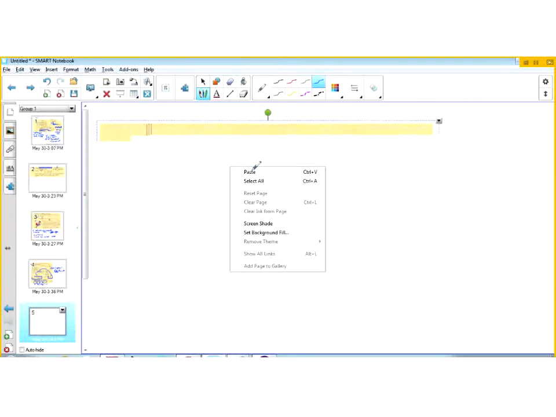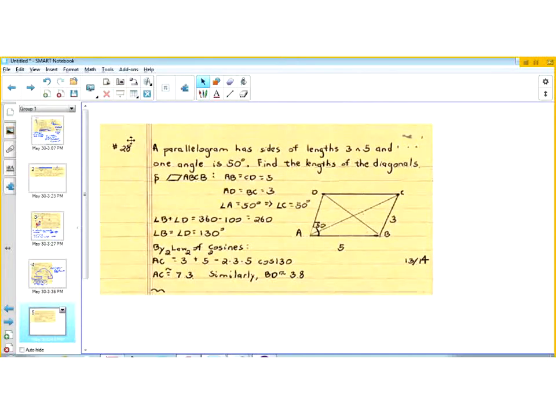All right, so in this case, a parallelogram has sides of lengths 3 and 5, and one angle is 50 degrees, as shown in the figure. And we want to find the lengths of the diagonals.